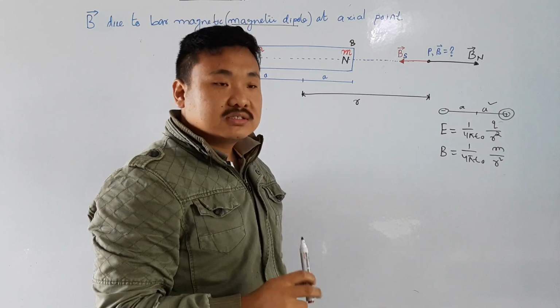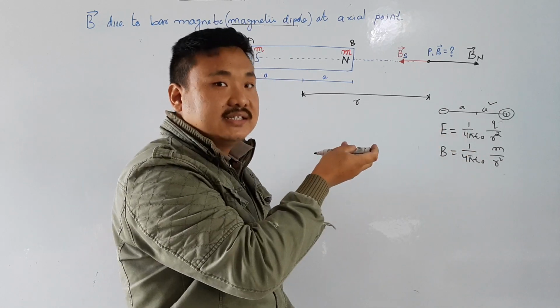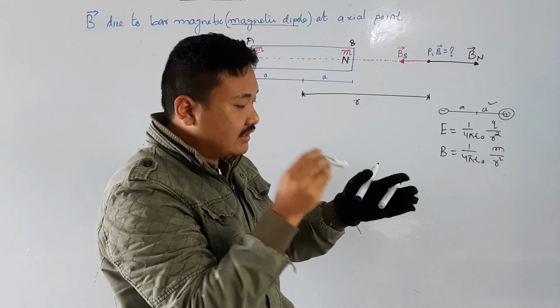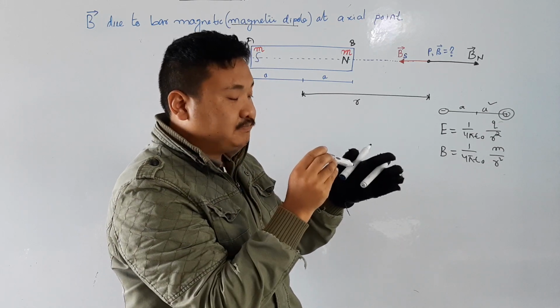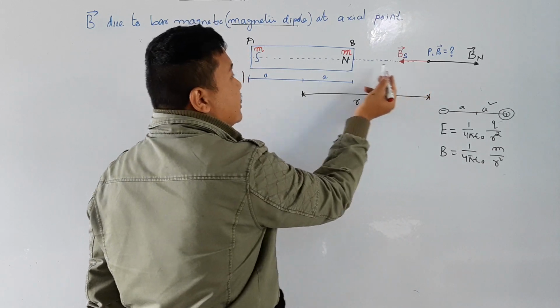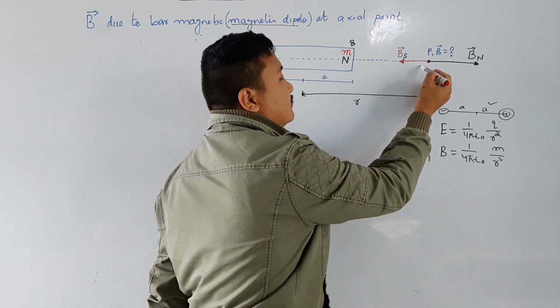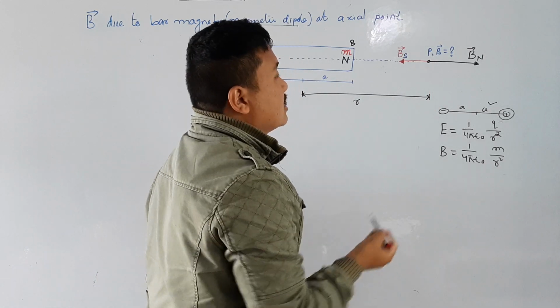Why? Because at the south pole the magnetic field lines are going in, and at the north pole they are going outside. So this magnetic field is going towards the south pole. This is the direction of the magnetic field due to the south pole.